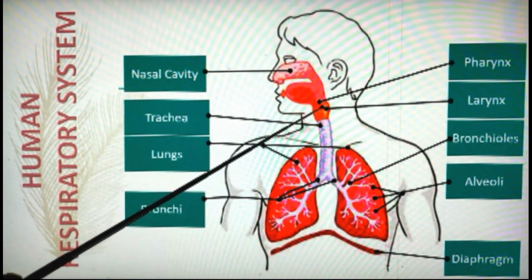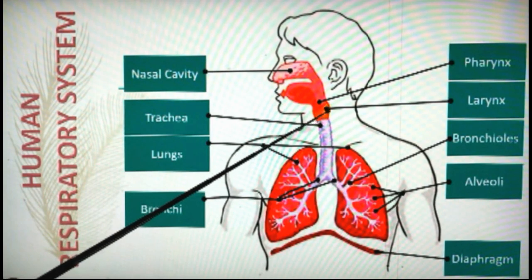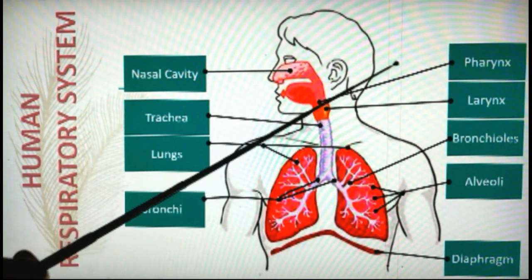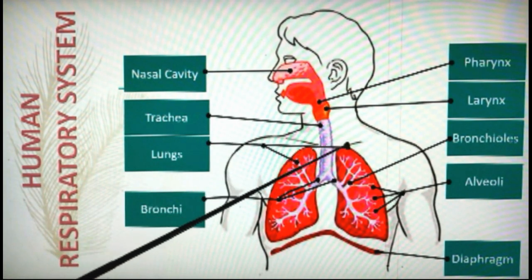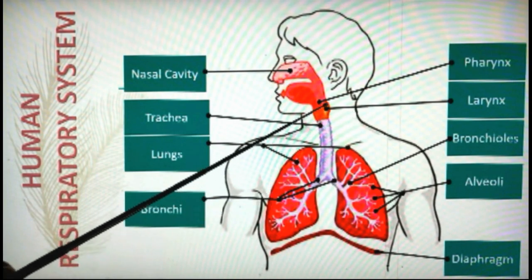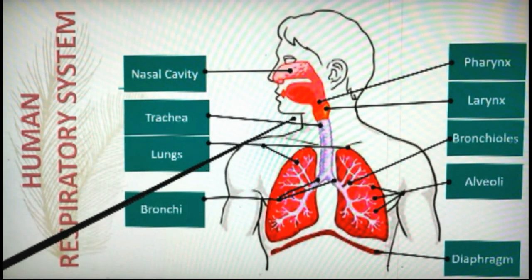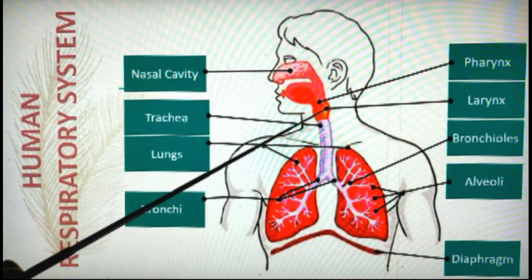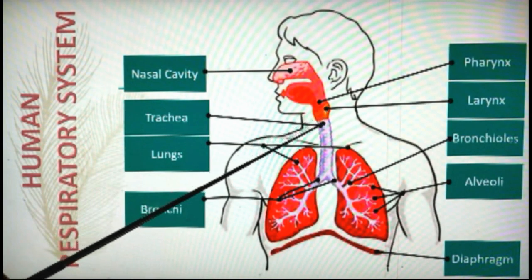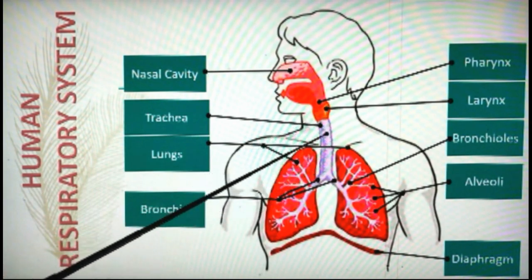Larynx is otherwise known as the voice box. Can you see why this larynx is known as the voice box? Yes, when air touches the larynx, sound is produced. This is because the larynx is known as the voice box. From the larynx the air reaches the trachea, otherwise known as the windpipe.